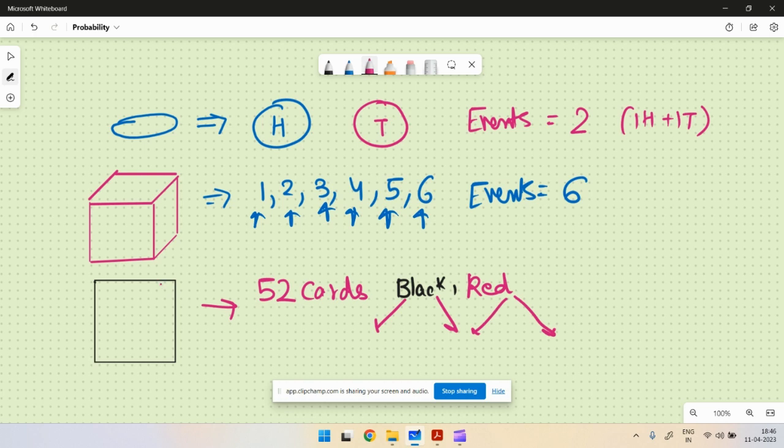In black, what are these? This is club. Black color. Club is colored from inside, looks like this. The other is spade.